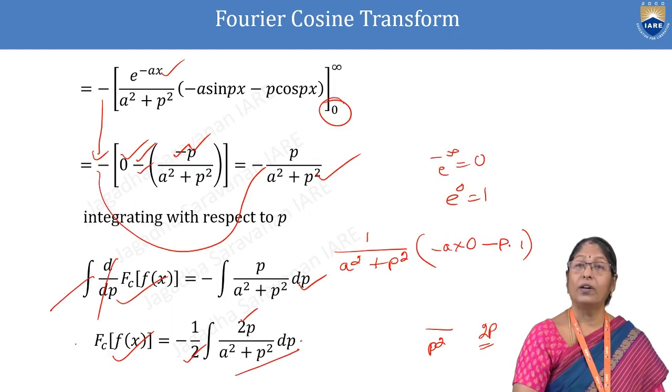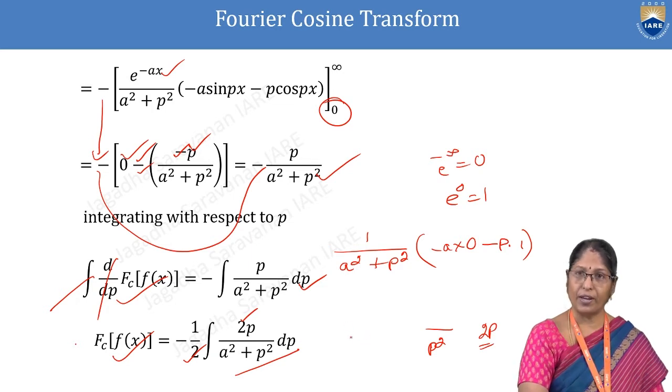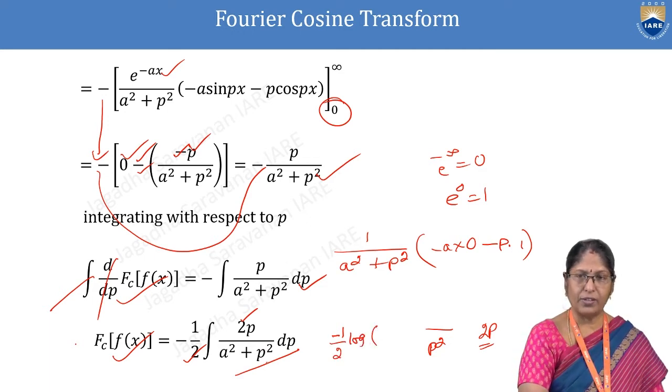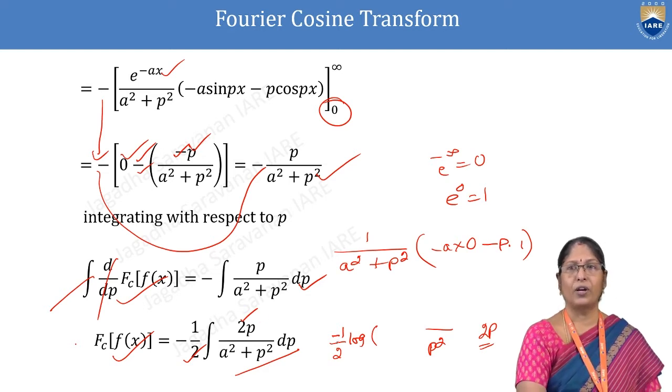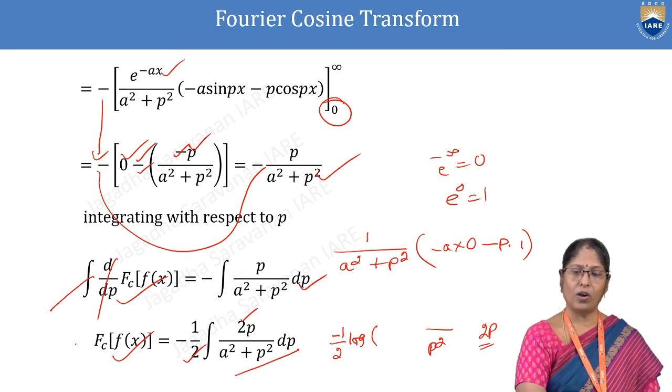so this is the last one we got. This is the integral, we can write it, minus 1 by 2 log of, there is a rule: if the differentiation of the denominator is in the numerator, we can write log of a square plus b square.